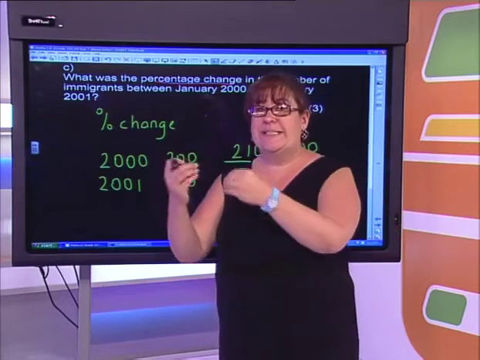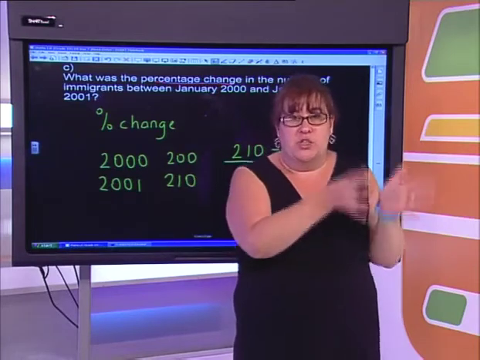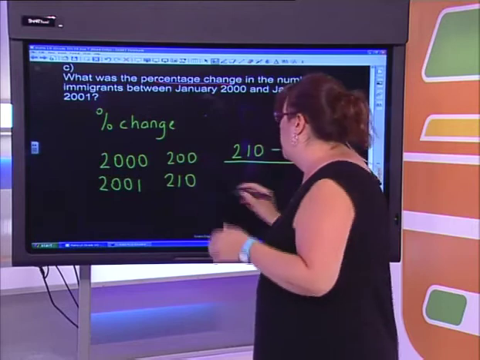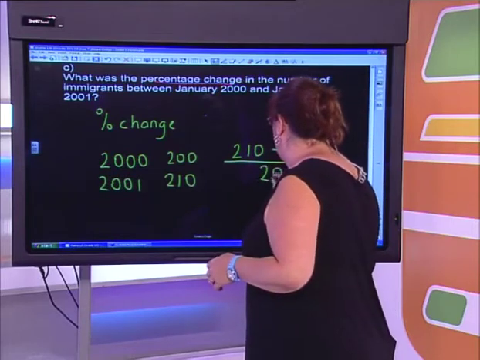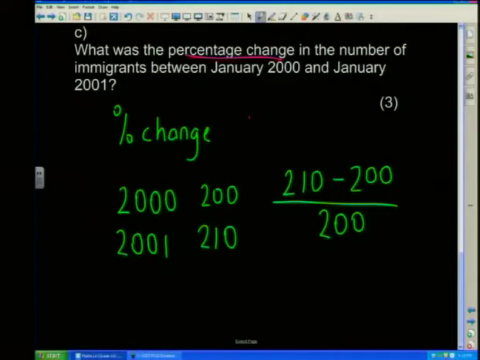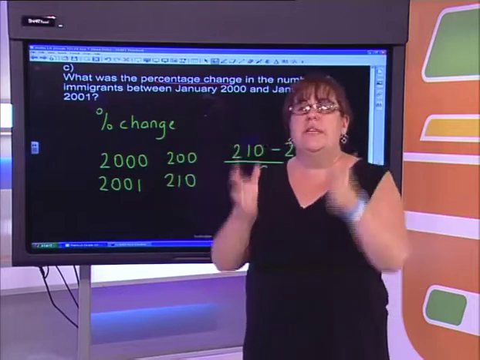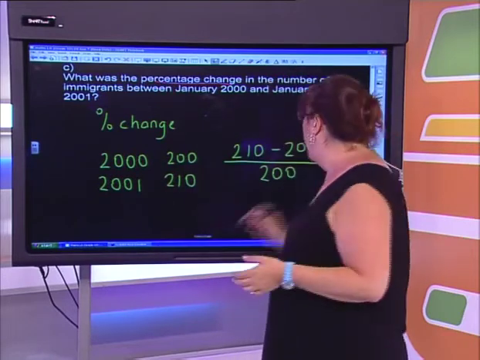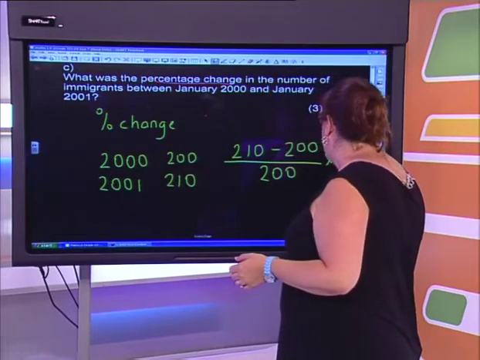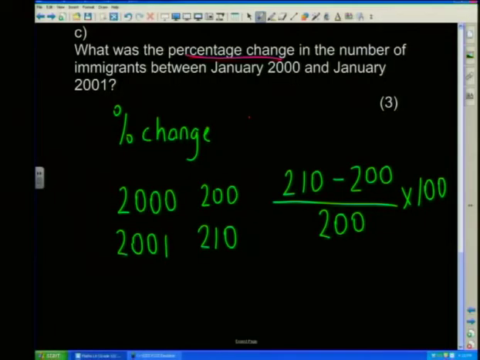I'm working on the percentage change from January 2000, so I'm going to divide it by 200. And whenever your question says calculate percentage, you need to times by 100. Why? Because percentage is a number out of 100.